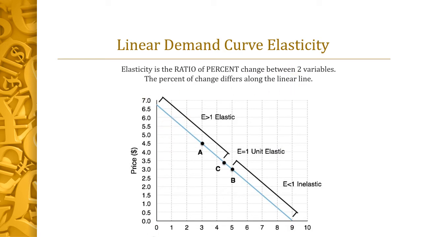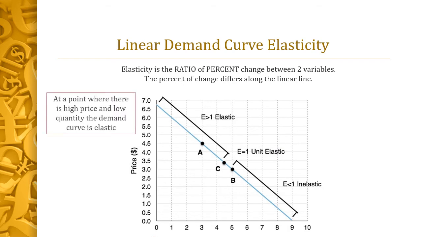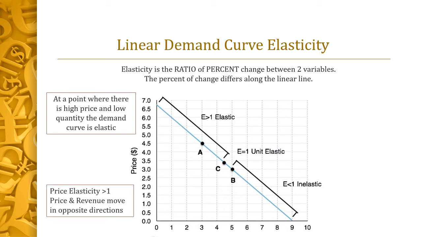And we're not going to calculate all the little differences, but let's take a look at some basic rules of thumb. With a linear line, a point where we have higher prices and lower quantity, the demand curve is basically going to be elastic. And we just learned that if the price elasticity is greater than 1, price and revenue move in opposite directions. So let's see if this is true.